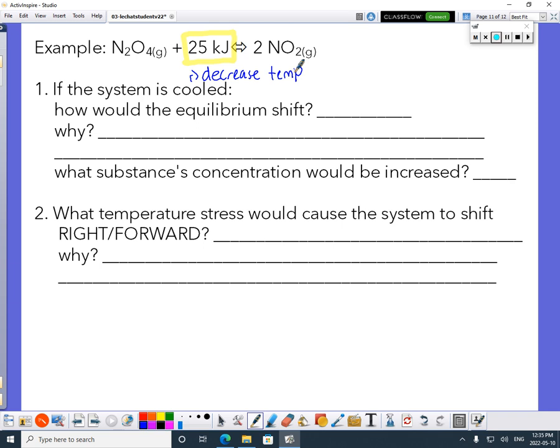So if the system cools down, then what does it have to do? It has to warm up.